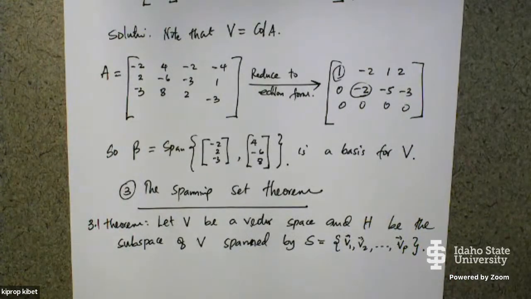If we let V be the vector space and H be the subspace of V spanned by S, which is equal to those vectors there.